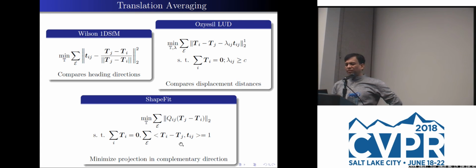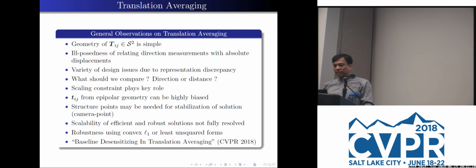Okay, so now you have to wonder, like, okay, so what's going on here? I mean, they all look kind of similar, intuitively all they are doing is they're saying, look, I have a heading direction, I have a displacement vector, I need to find some way of comparing them, right? And that's going to give me my cost function, right? But in terms of performance, you start to get different behavior depending on how you set up the optimization. So there are a whole bunch of issues in translation averaging, and some of them are very nicely summarized in this paper that's going to come up, I guess, soon.